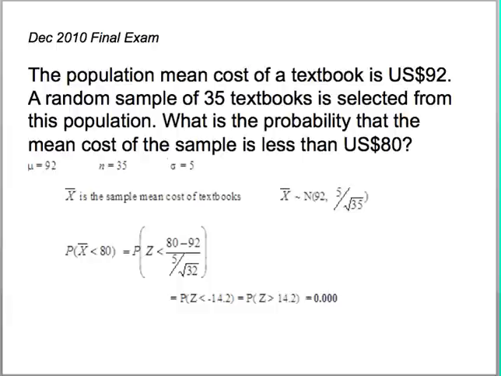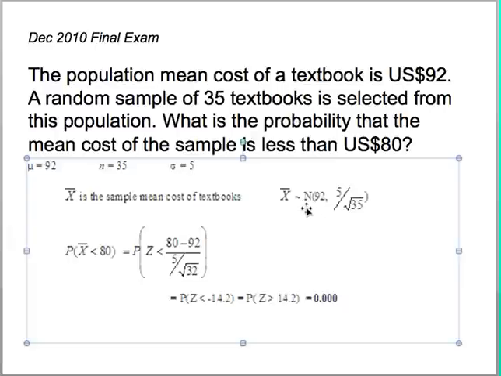Mu is equal to 92. N is equal to 35. The standard deviation is 5. Before I get to what we want to find, we want to find the distribution. X bar is normally distributed. Mu would be 92, and the standard error of the mean would be 5 over the square root of 35.